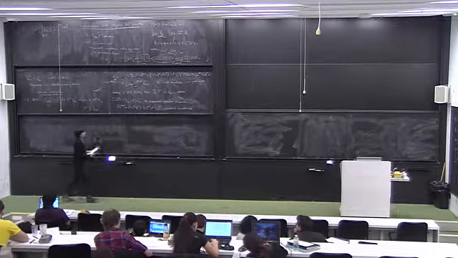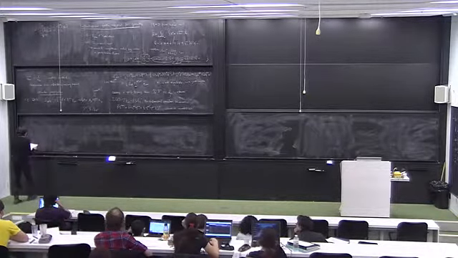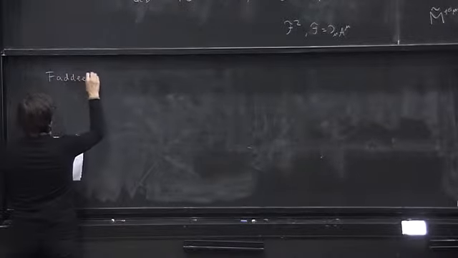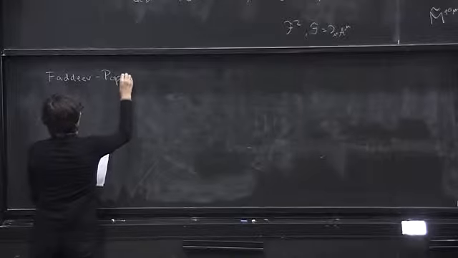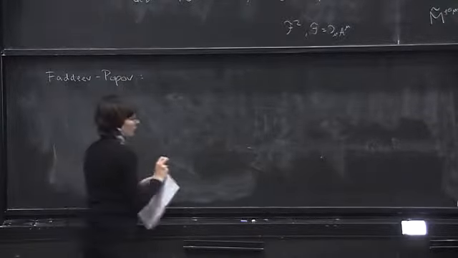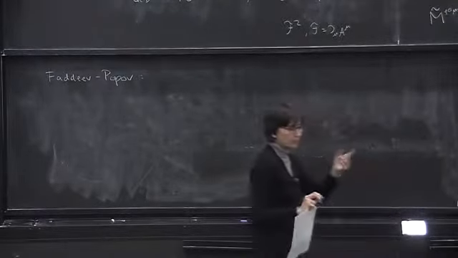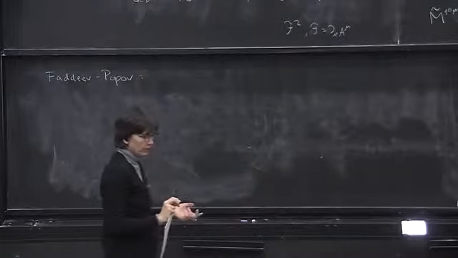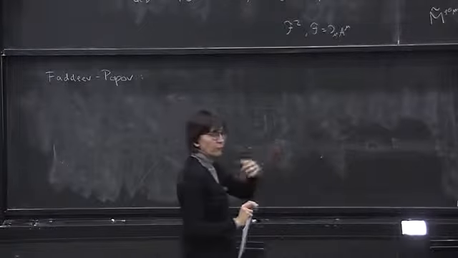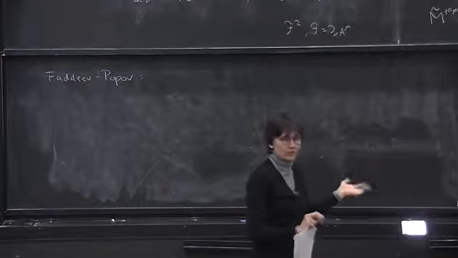There is a proper way of formalizing this, which I just briefly mention only by name. That goes by the name of Faddeev and Popov. It's just a prescription that works for a general path integral with a gauge symmetry. Now, what is the problem from the point of view of the path integral to have this gauge redundancy in there?